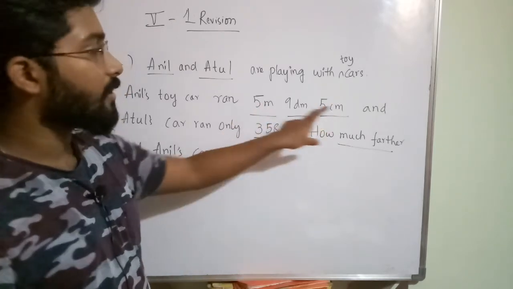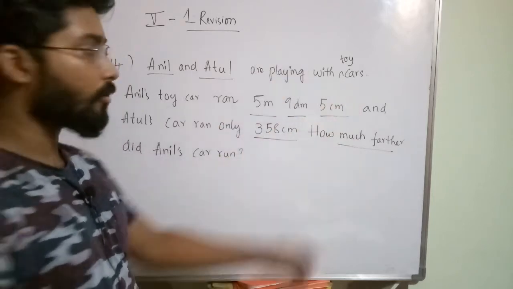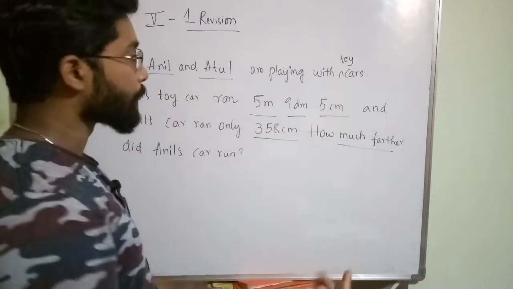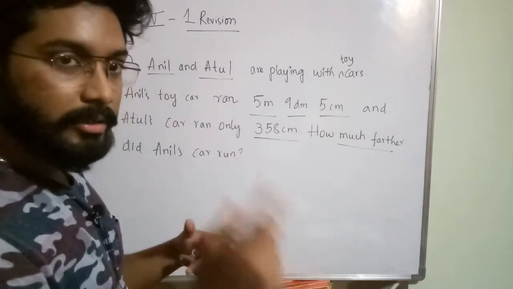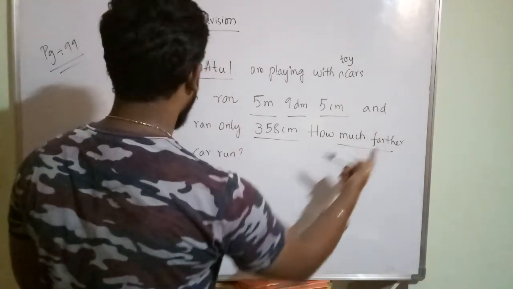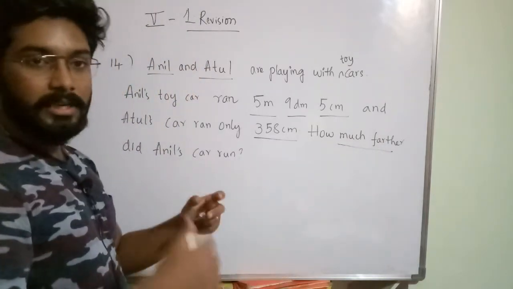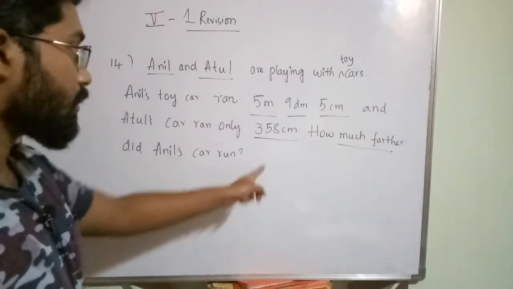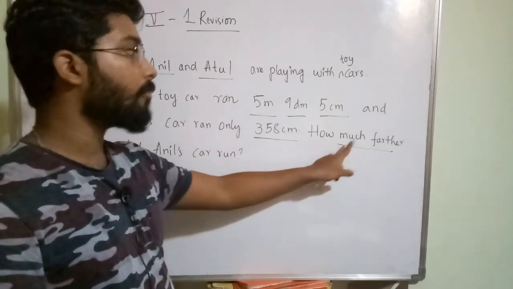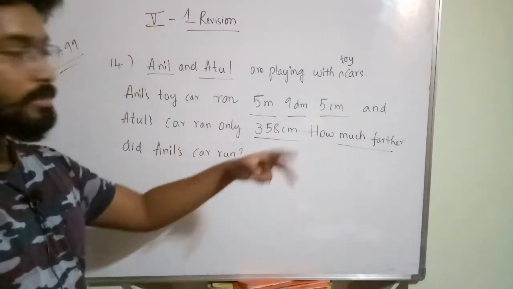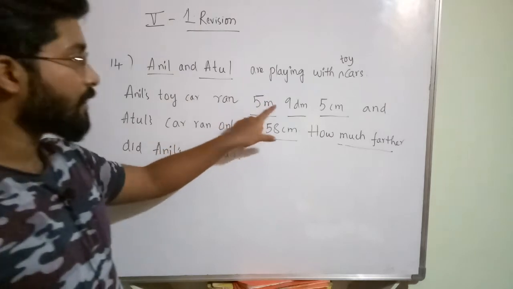So you should convert this into centimeters, and then you can subtract. That difference is how much farther Anil's car ran. The answer for this question will be the difference of these two.